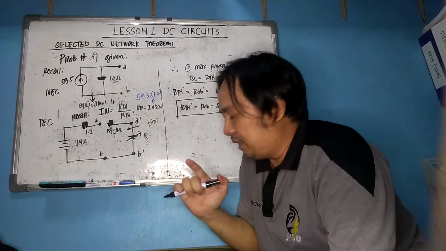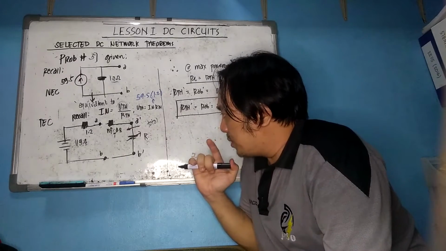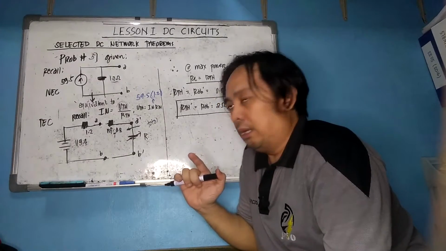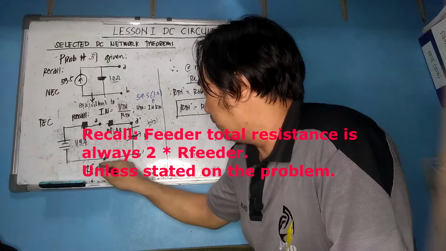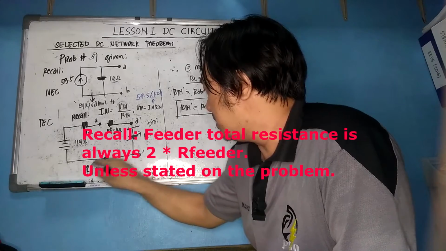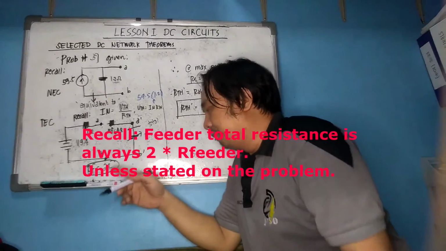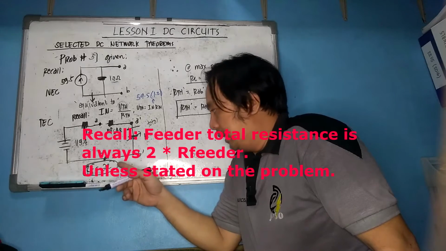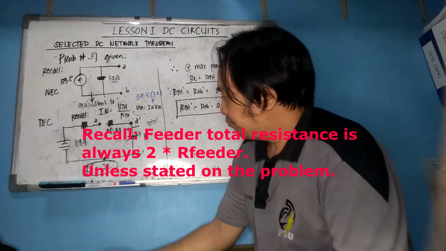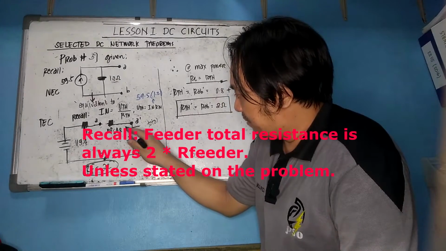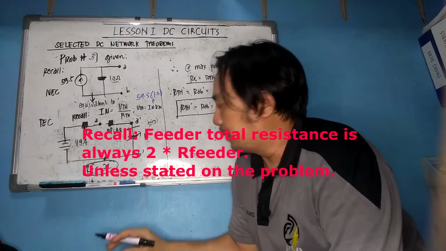But the problem states that 0.8 ohms is the total feeder resistance. And please take note as well, the total feeder resistance is always twice the resistance of one way, and then another way, so two-way. So here we already have total resistance, so you do not need to multiply by 2.